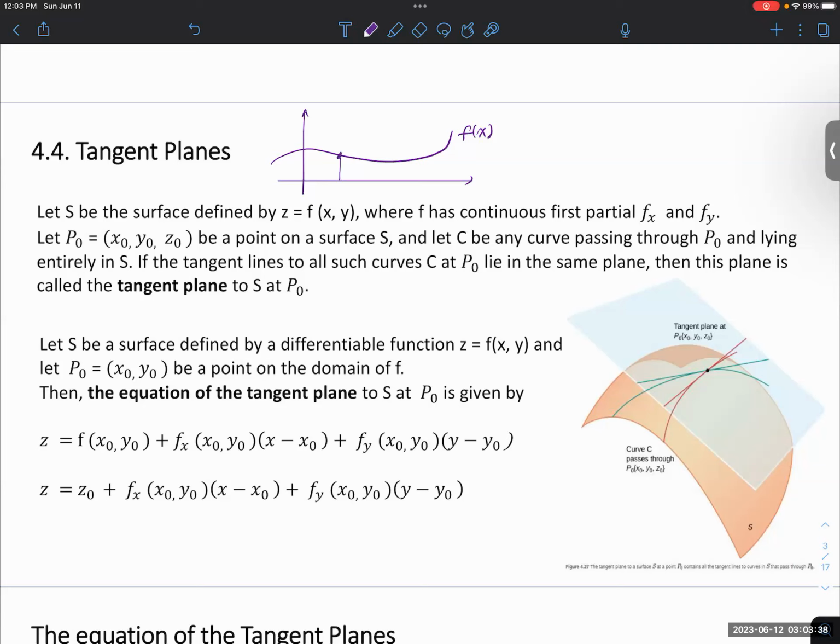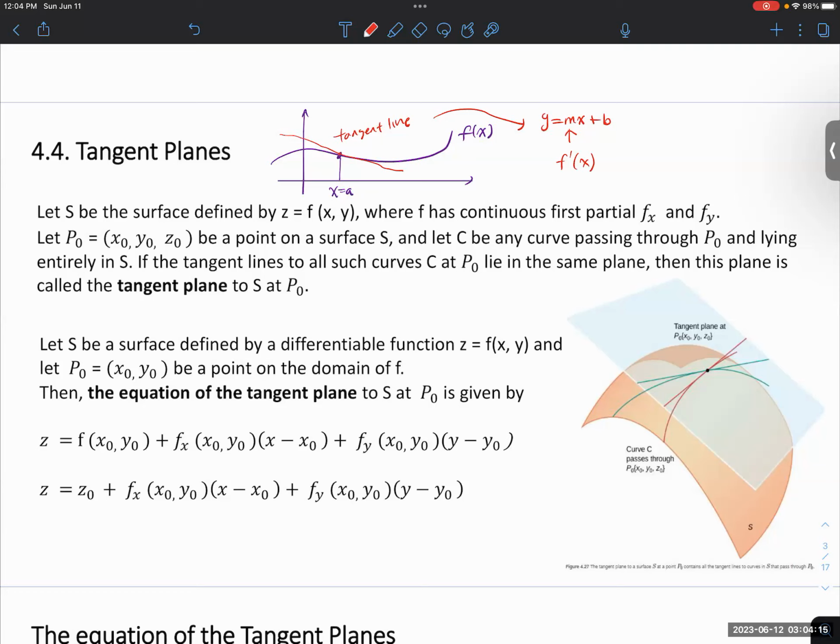There are infinite lines through the point, but I want the line when x equals a, the line that touches only this point. We call this a tangent line. To find the tangent line, it was y equals mx plus b, and the slope of the tangent line you can find by taking the derivative of the given function. That was the concept we learned for finding the tangent line in Calculus 1.